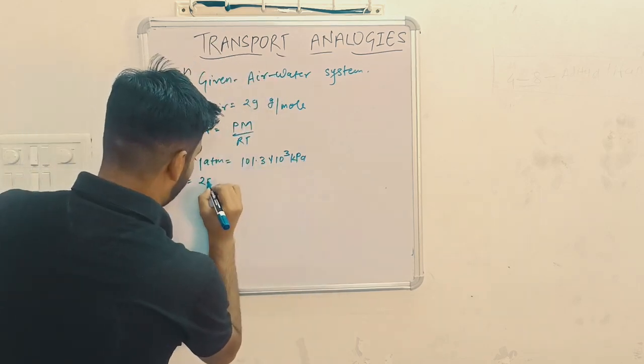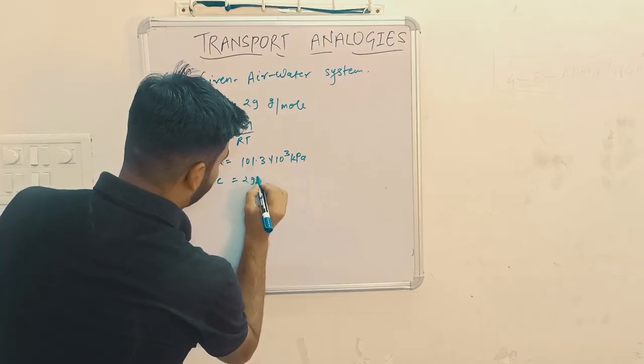T is 25 degrees Celsius, which is 298 Kelvin.